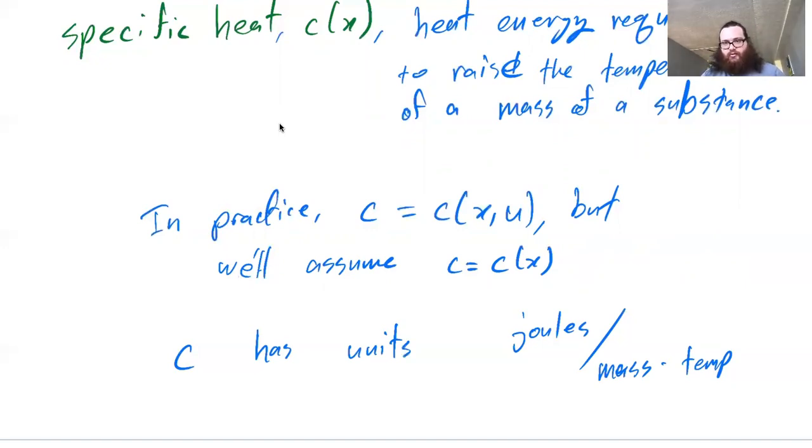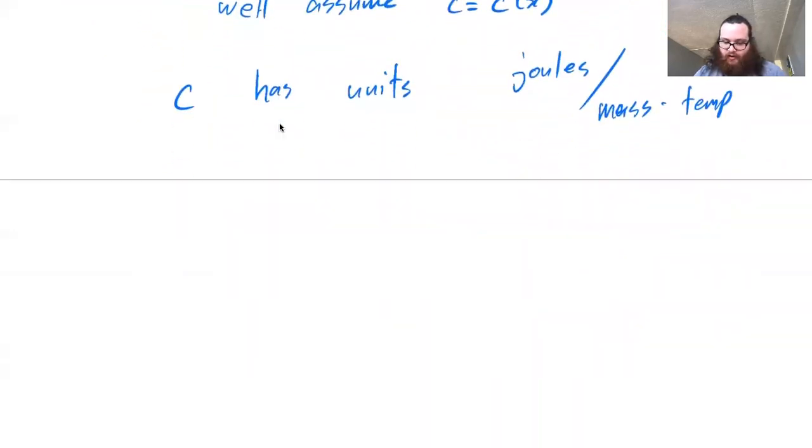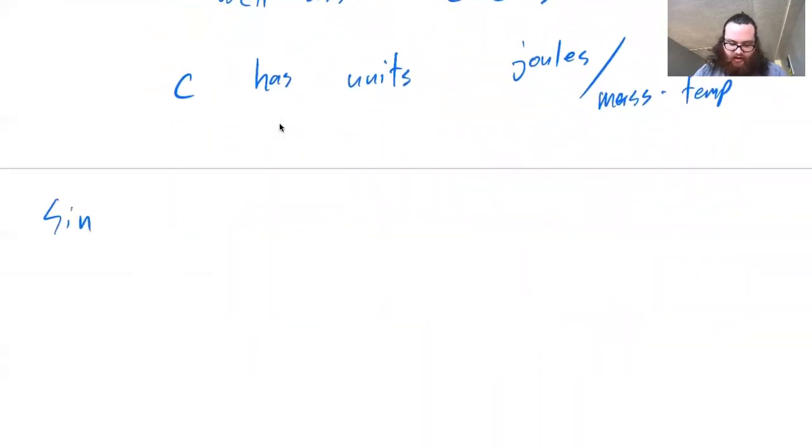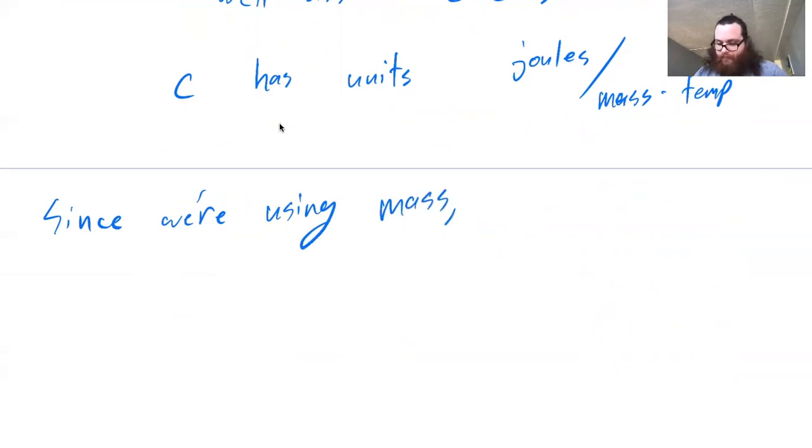Okay, but here we're incorporating mass. Previously we just incorporated volume. Well, how do we connect the two? So since we're using mass, we need to introduce mass density. I'll write it in green here.